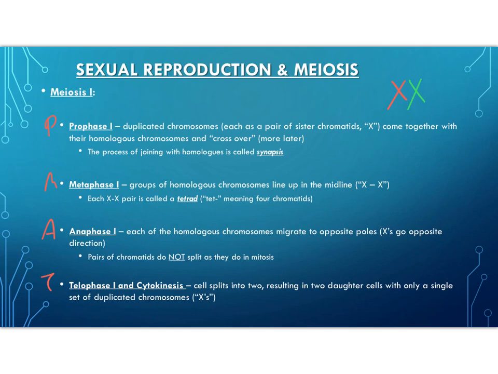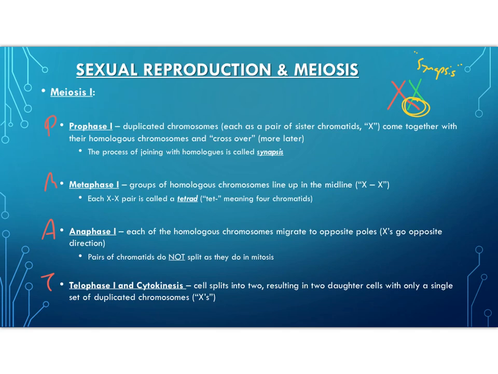And the one really important thing that we'll come back to more in a minute that happens during prophase 1 is we get what's called crossing over. So these X's come together in what's called synapsis, and then they will actually exchange a piece of their DNA. And again, I'll have a slide about that here in a minute.